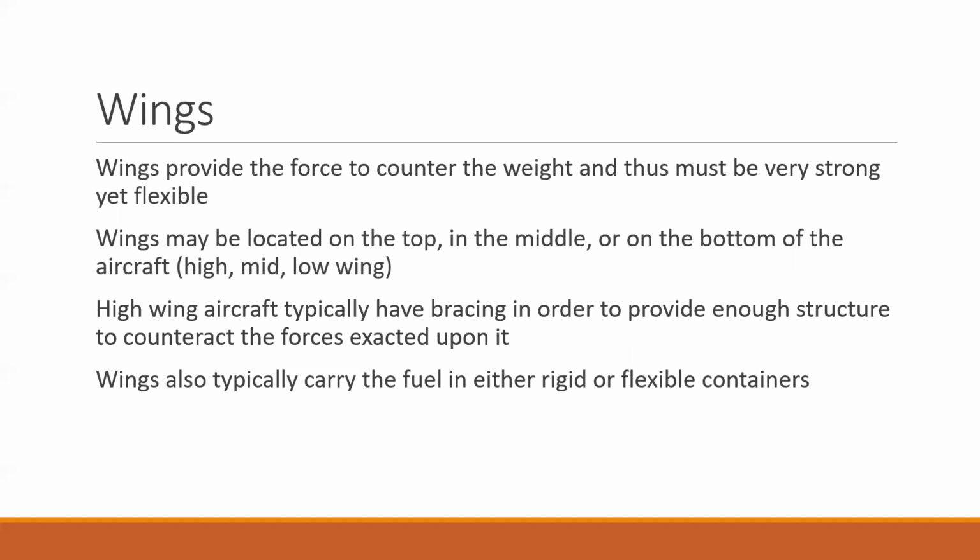Mid-wing aircraft, there's some jetliners out there, Boeing jets, mid-wing aircraft sometimes. I can't think of any in particular off the top of my head, but the wing comes out of the middle of the aircraft instead of the bottom or the top. So high wing aircraft, like I said, usually have bracing to provide structure support to the wings.